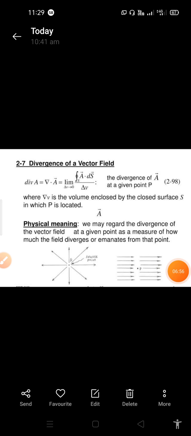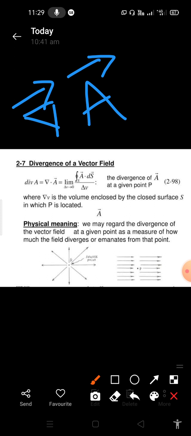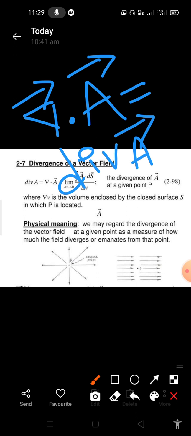Next I am going to move on to the divergence of a vector field. Here, the scalar or dot product of the operator del and the vector A, del bar dot A bar, is called the divergence of a vector field A. It is denoted by div A bar, and can also be written as del bar dot A bar.